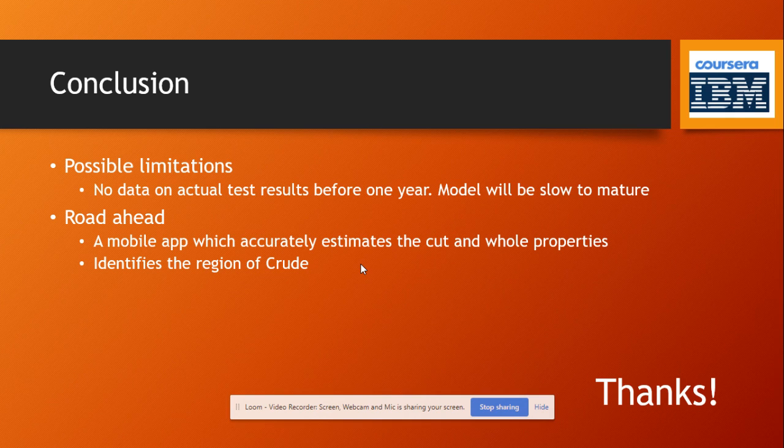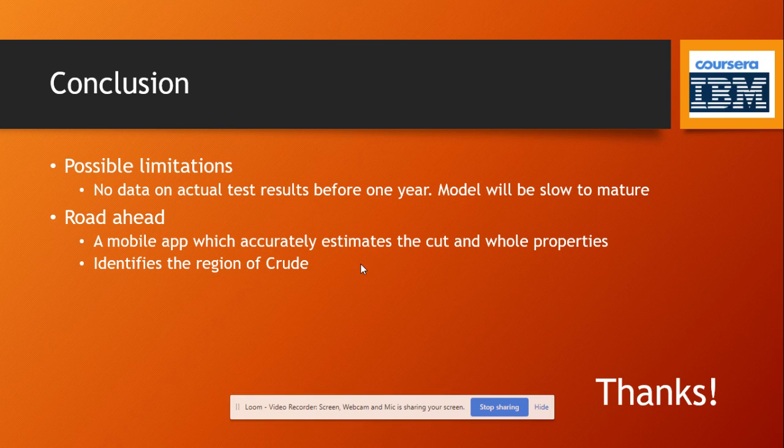One thing I forgot to mention, it is important to know the individual components, because refiners often say that I know what is going to be my cut if I know where the crude is coming from. But many a time it so happens that the crude is kept in a place such that two crudes get mixed together. So how the properties of the mixture will determine the individual cuts becomes an interesting question.